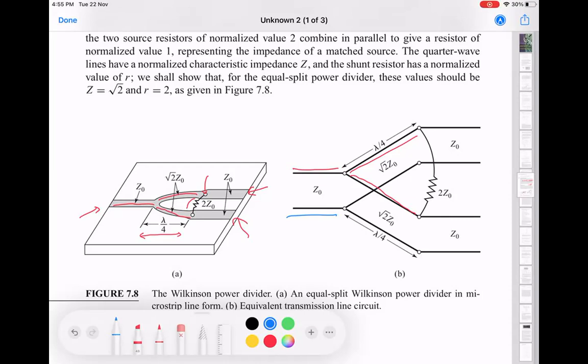What it means really is that the characteristic impedance between these two lines is 2Z0, right? So these two together form a transmission line, and then these two together form a transmission line, right? This one and this one. So the ground is just being propagated. In the microstrip version, that's just common ground everywhere.